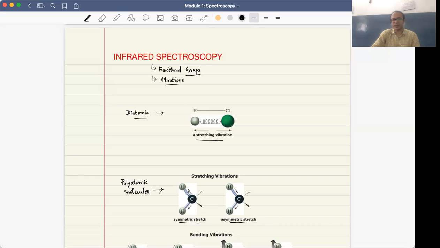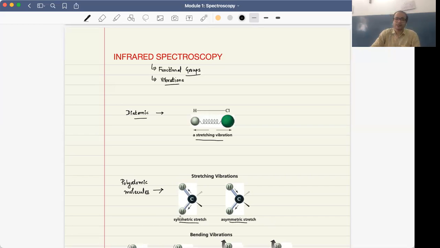If you look at this arrow, the CH bonds are stretching in the outward direction. They are stretching together in the outward direction, or they are compressing together in the inward direction. Whatever is happening, both the bonds are either stretching together or compressing together.